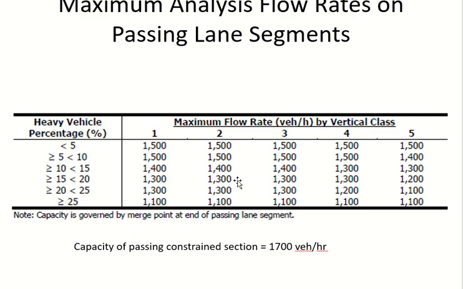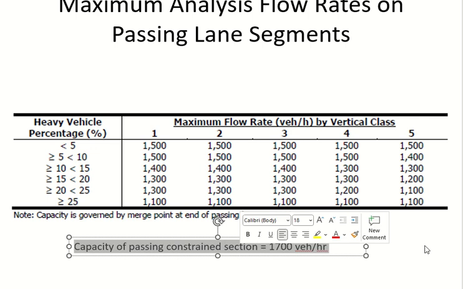How do I know demand is more than capacity? For example, in this case, my flow rate in my direction is 800. I'll come to this table or this value and compare the flow rate with the value.